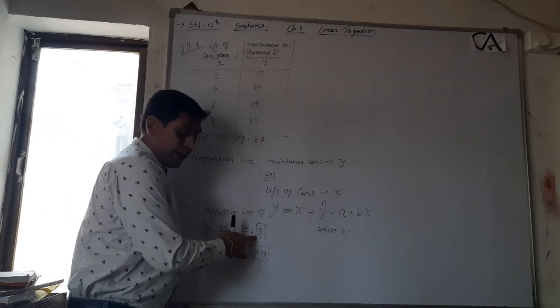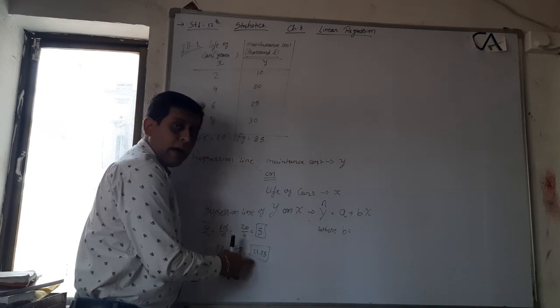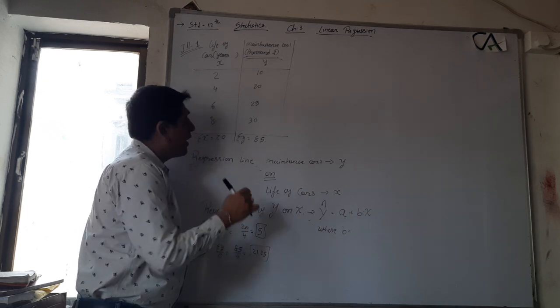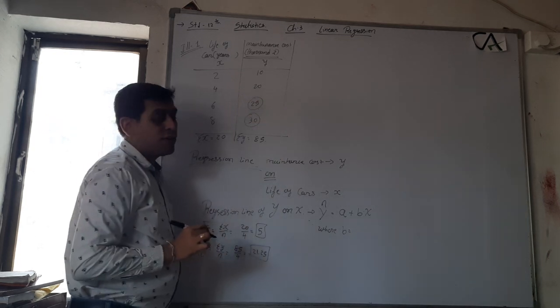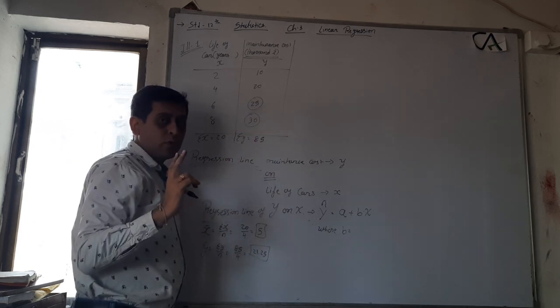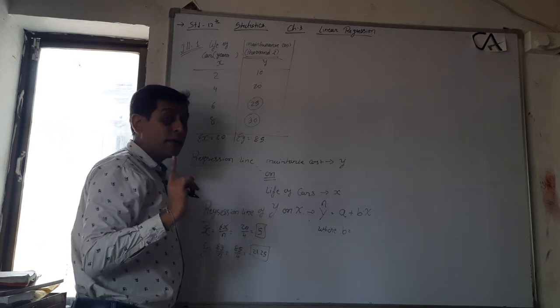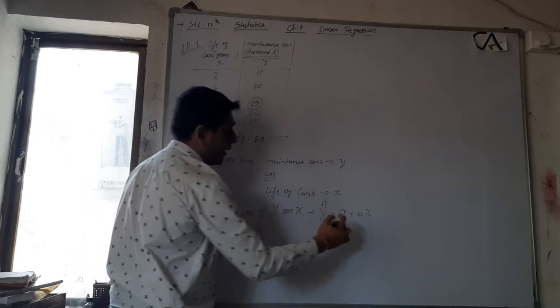See, x bar is an integer but y bar is a fraction. There are two observations which are above 20 but only two. So we can use the direct method, that is direct x y.